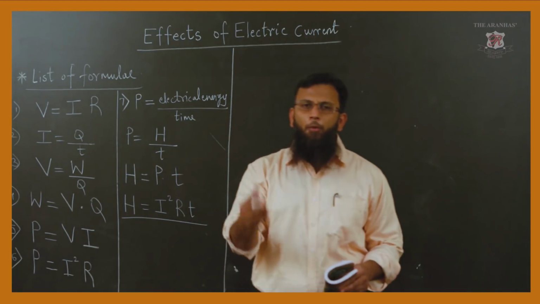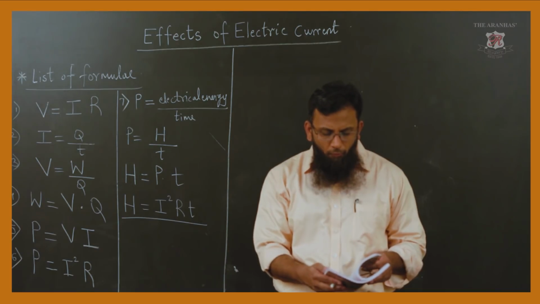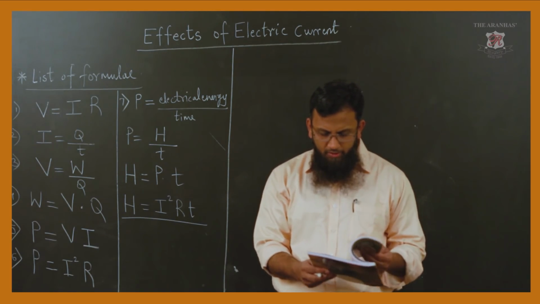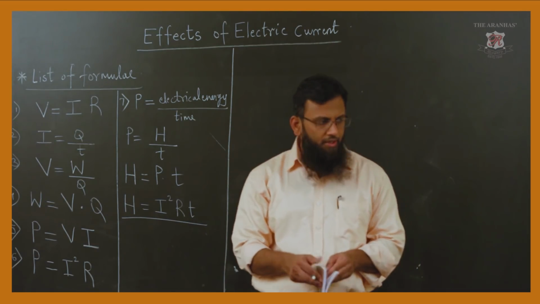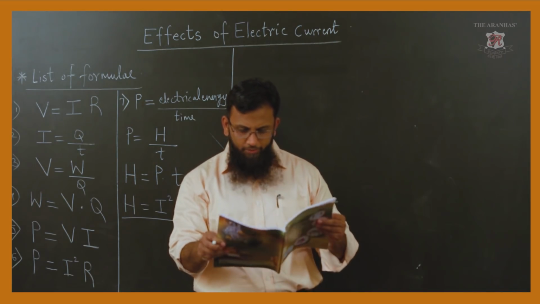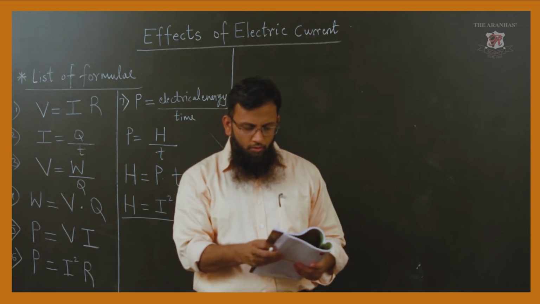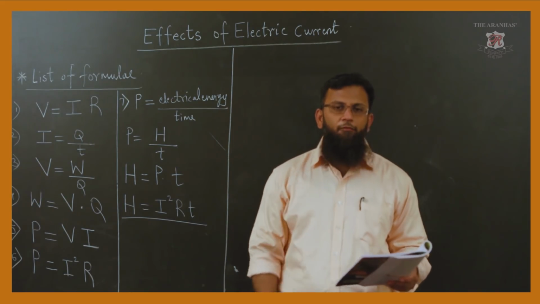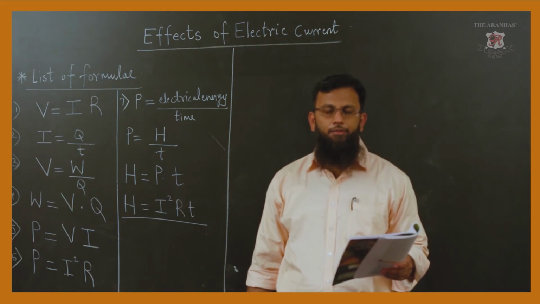So solved problems you can practice on your own. I will be more focusing on the unsolved numericals which are given in the exercise of this textbook. Let us see on page number 61, question number 12, they have given total 4 unsolved numericals.